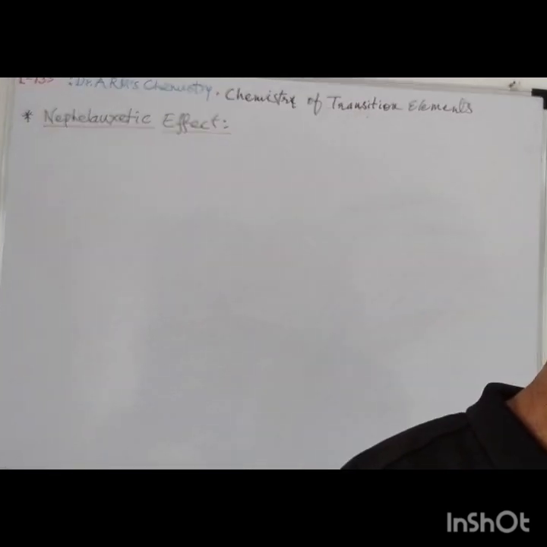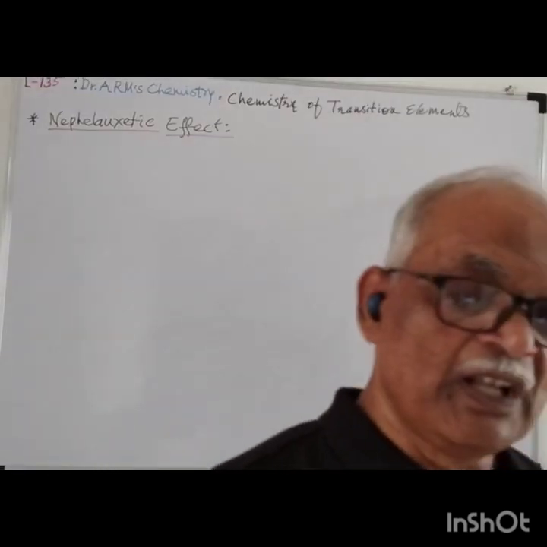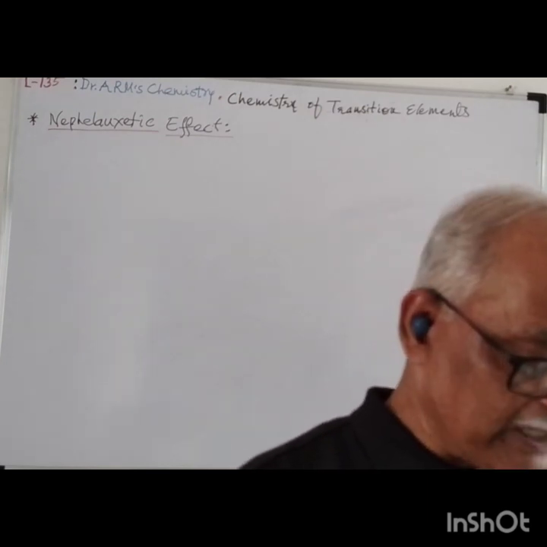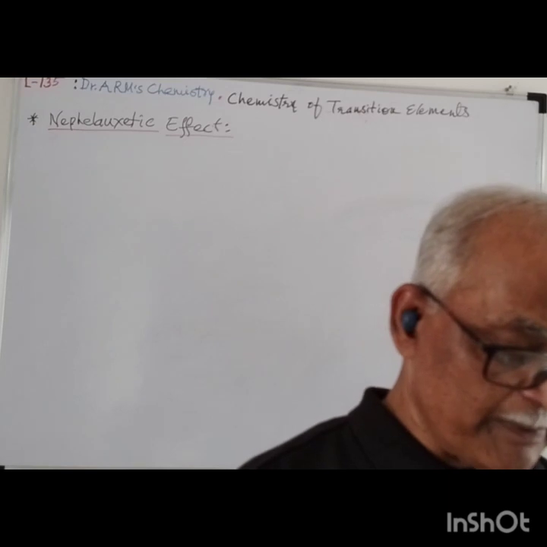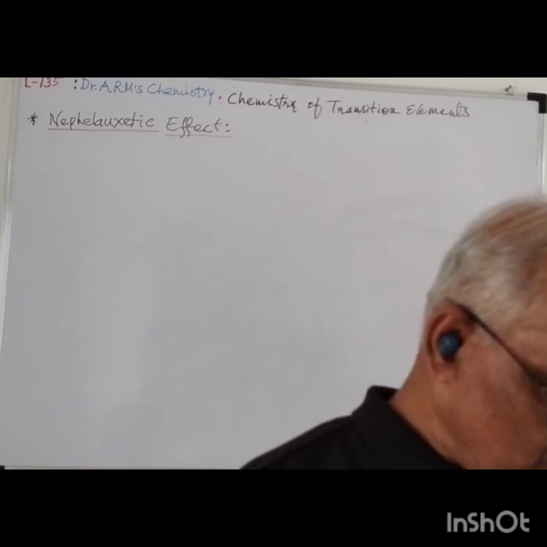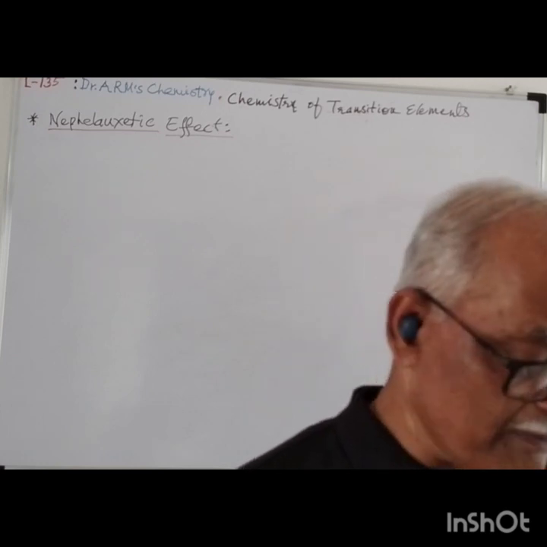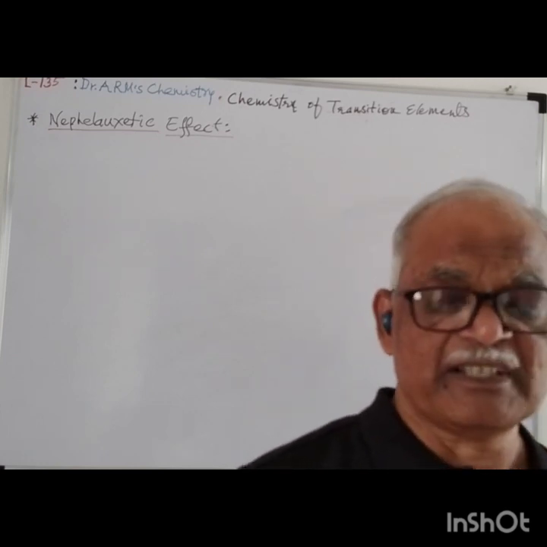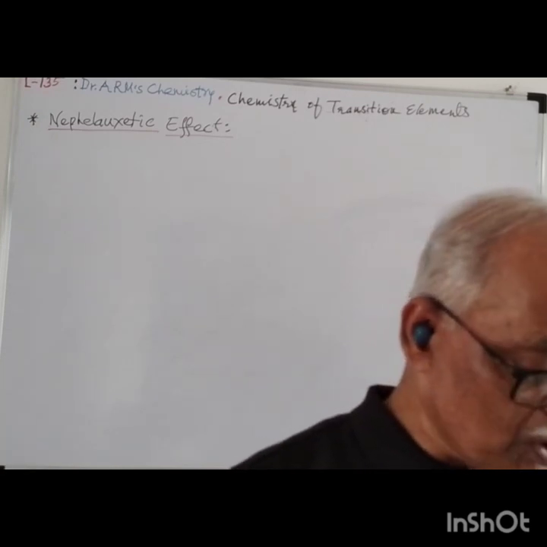So the spectral observations provide us valuable information. The softer ligands are N3 azide, that is N3 minus, Br minus, Cl minus, etc. So we will see this data in the table also.